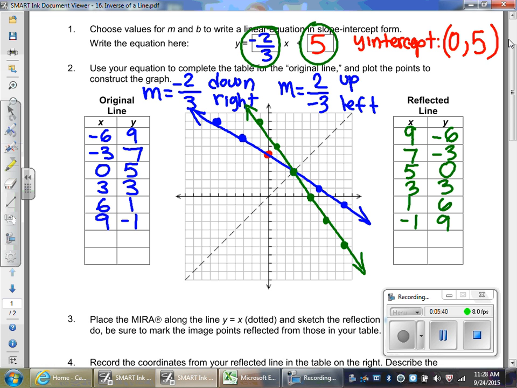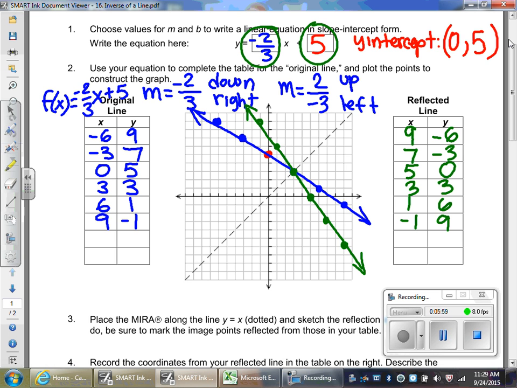And then we connect them. Okay? So we can see that the two lines, and I'm going to refer to this one, the blue line, as f of x. And the equation for it, we have it there, is -2/3 x plus 5.